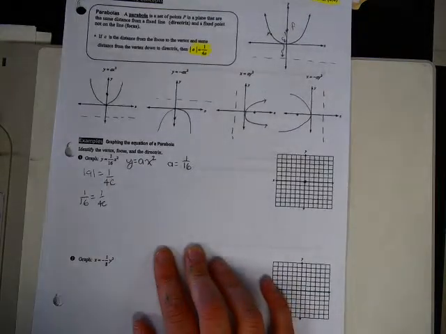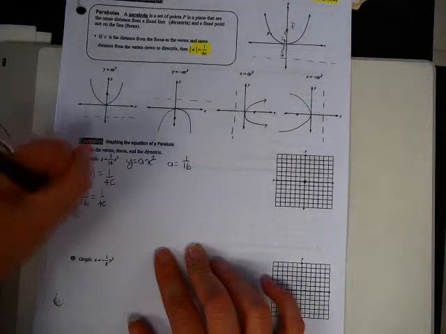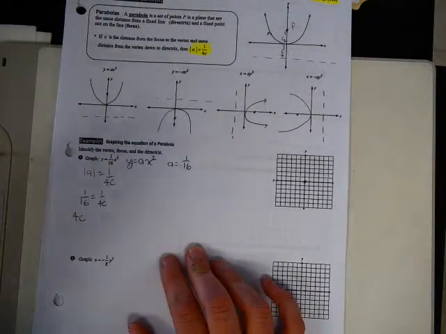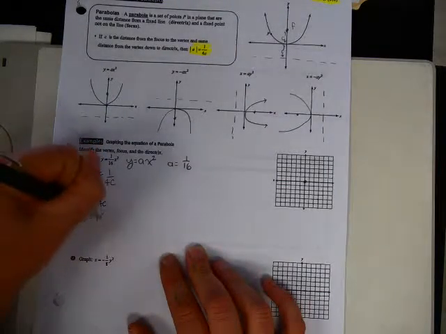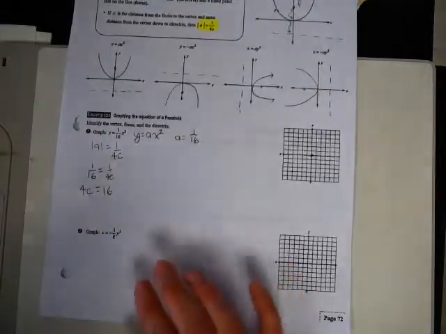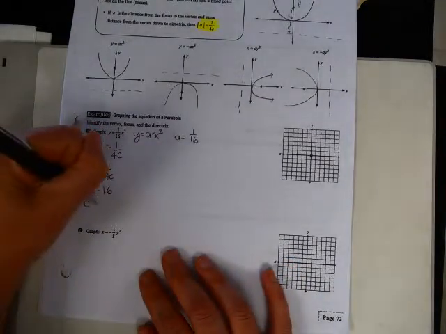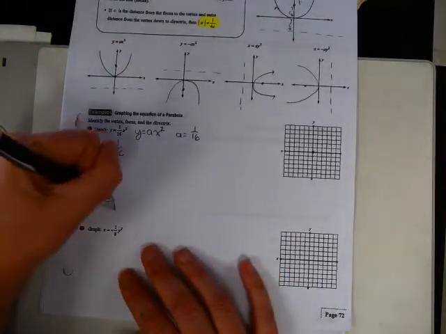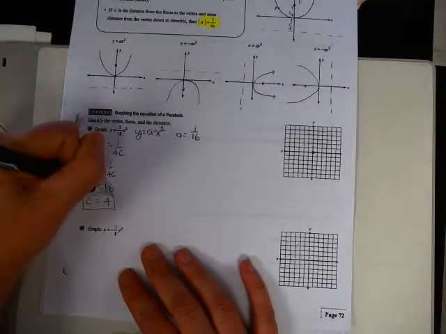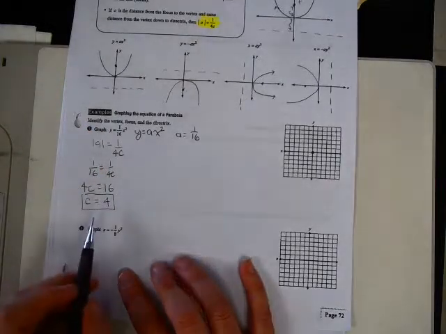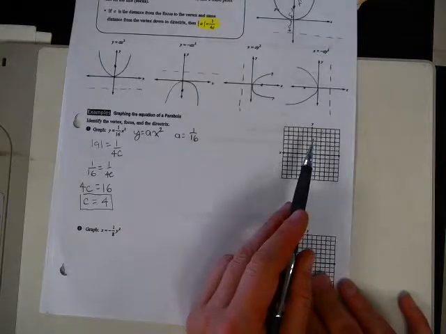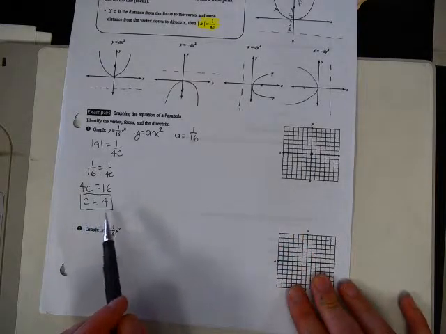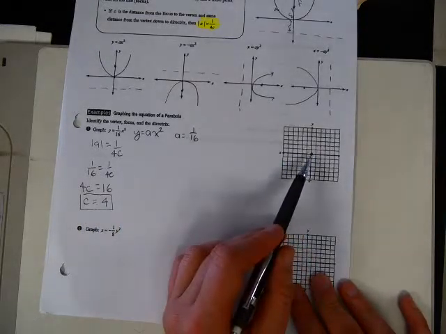By cross multiplying, I can solve for c. So I have 4c equals 16. So c equals 4. Now remember that c is the distance from the vertex to the focus. It's also the distance from the vertex to the directrix.